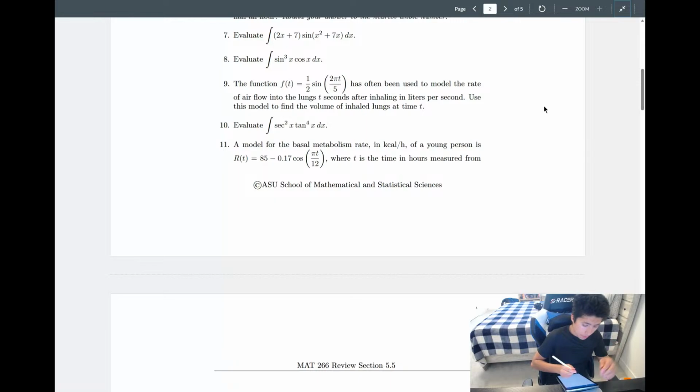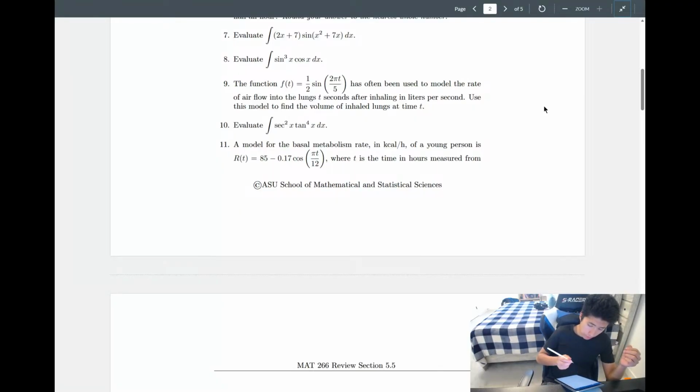So this does not look too bad. The derivative of tangent is secant squared. The derivative of secant is secant tangent. We could do this two ways. We could do u equals tangent, and then du would be secant squared dx. And that could work, right?